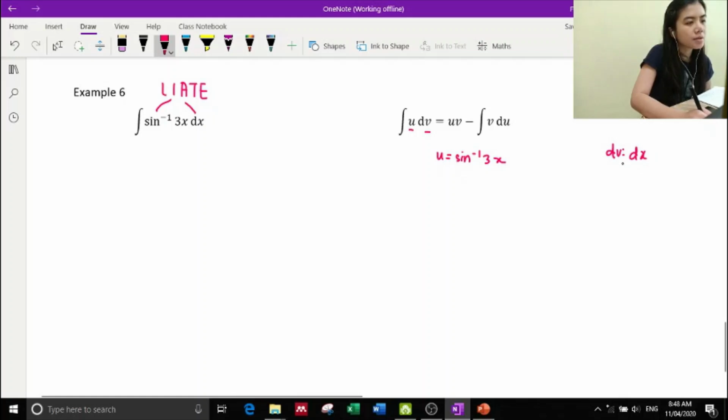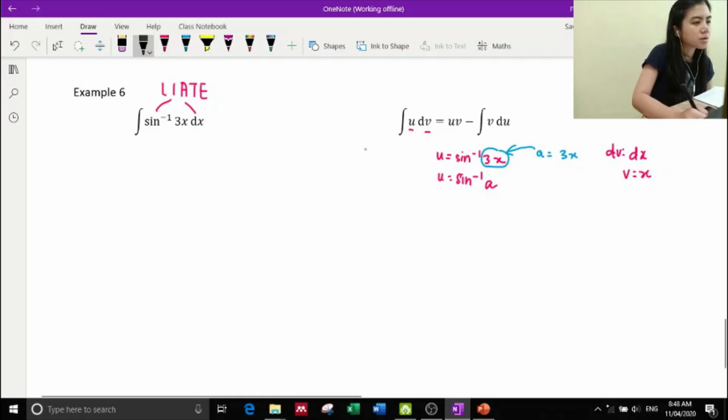For the right hand side, you have no problem to integrate, so you will have v equal to x. How about the right hand side? If you want to differentiate, it's better for you to substitute this one as a. So we're going to do the substitution: you sub the a as 3x. When you have subbed the a as 3x, we will have u equal to sine inverse a.